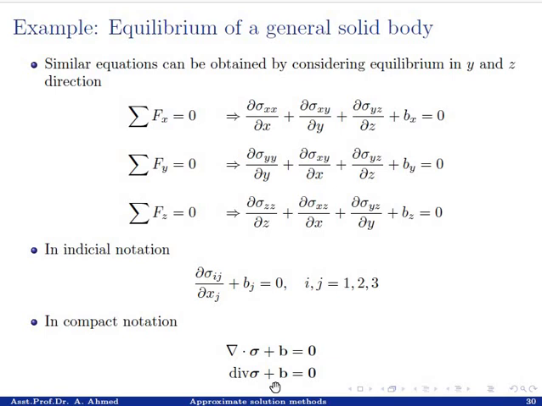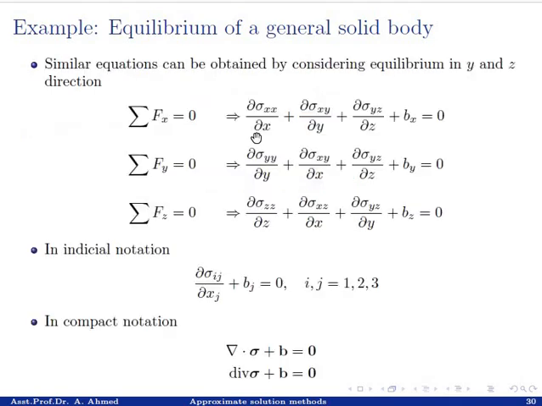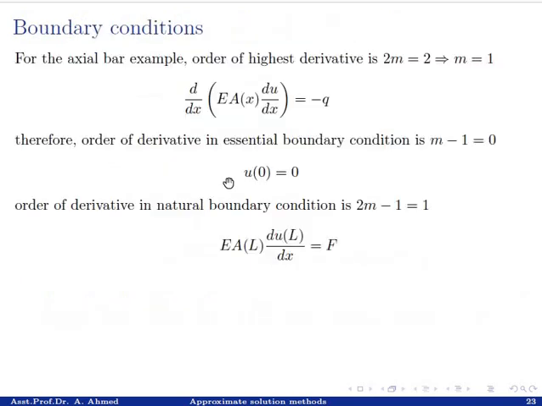It can be any solid body. And this differential equation must be supplemented with some boundary conditions. So for this particular example, for this generic body, it can be a bar element like this element.